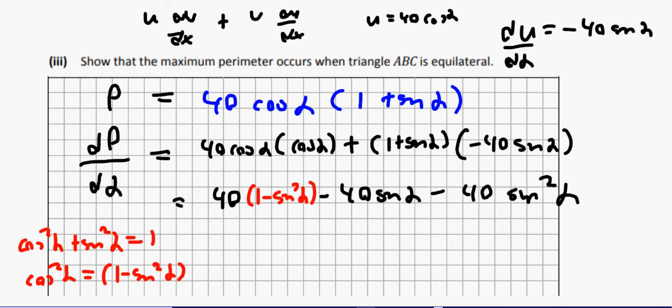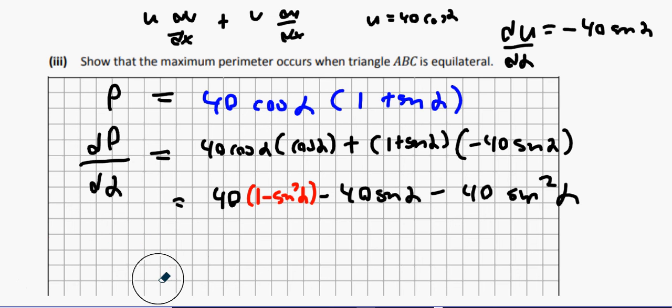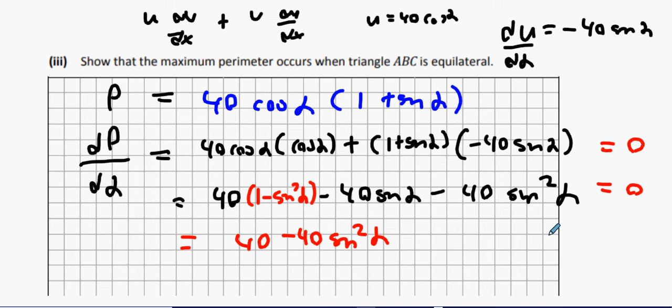Okay, and I'm going to multiply all this out, and by the looks of it, I might be getting a quadratic out here. So it's 40 minus 40 sine squared alpha. Now please remember, maximum means the slope is 0, so you're going to be talking about all this equal to 0. 40 minus 40 sine squared alpha minus 40 sine alpha minus 40 sine squared alpha.